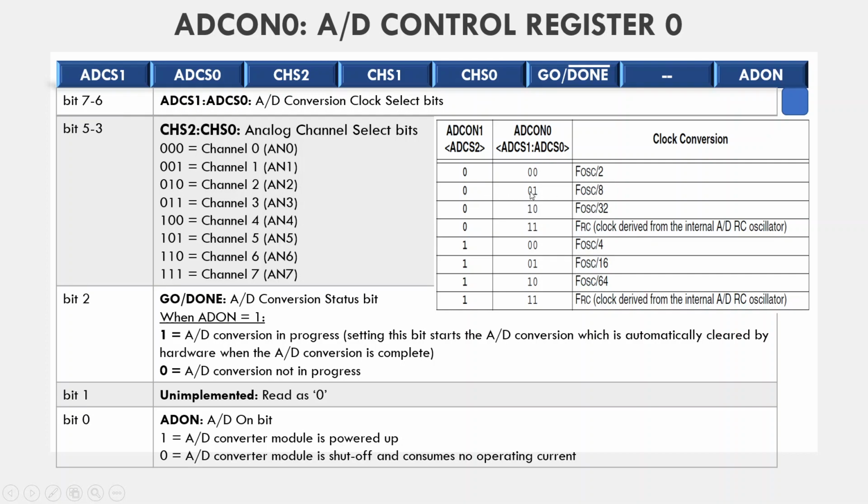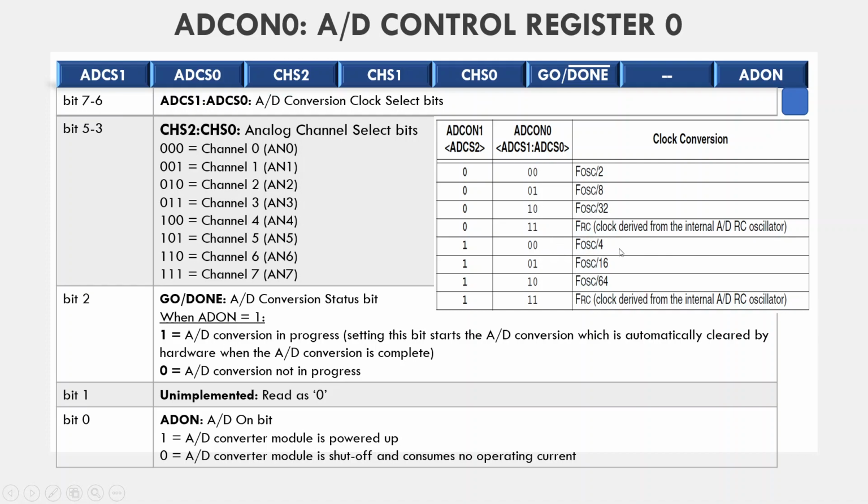If the combination is 001, then the clock frequency to the ADC is Fosc divided by 8. For combination 010, it is Fosc divided by 32. For 011, the clock is derived from the internal ADC RC oscillator.